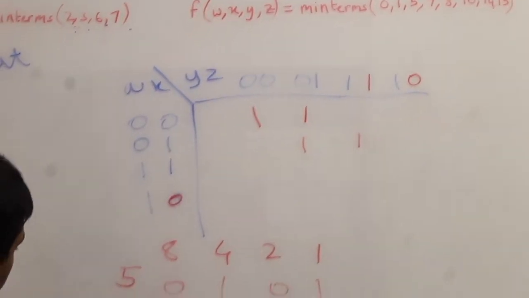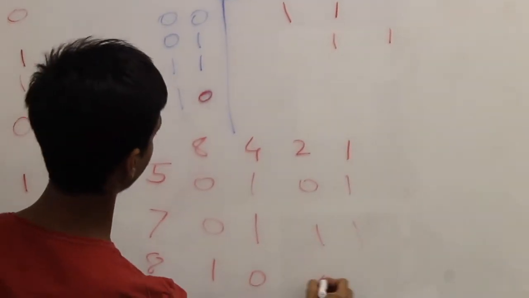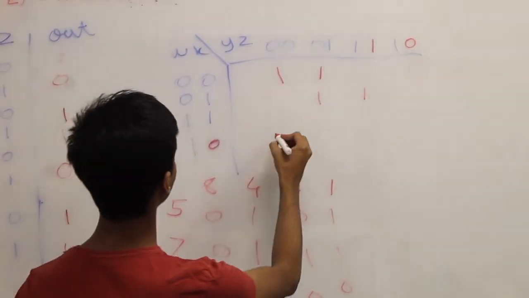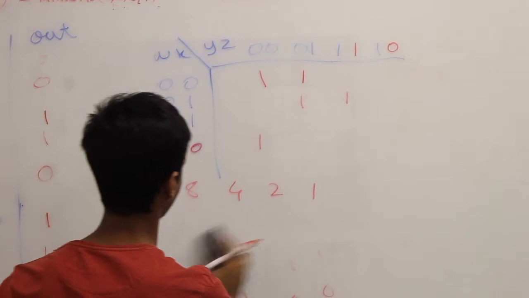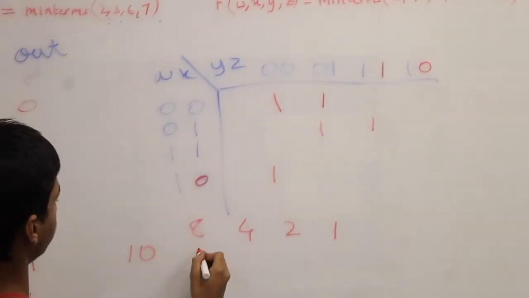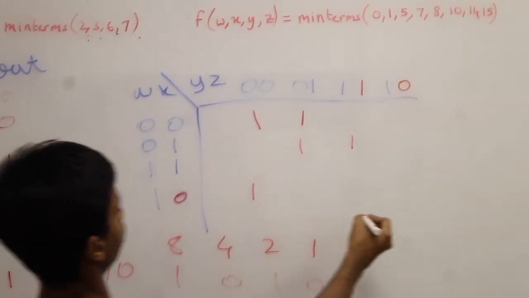Then 8, which is 1, 0, 0, 0. Now 10 is 1, 0, 1, 0, which will be here.